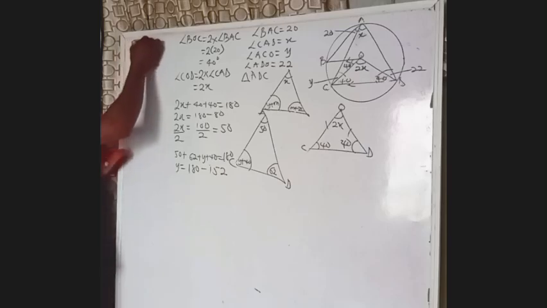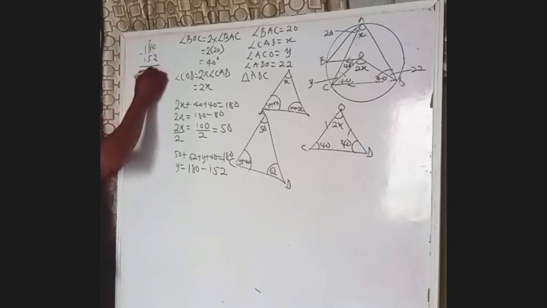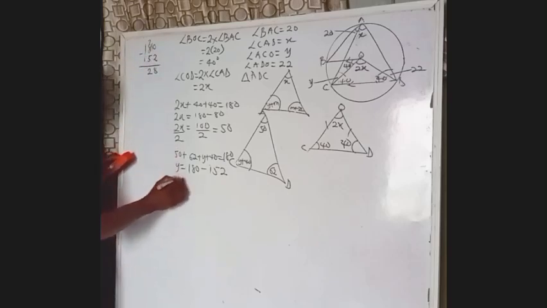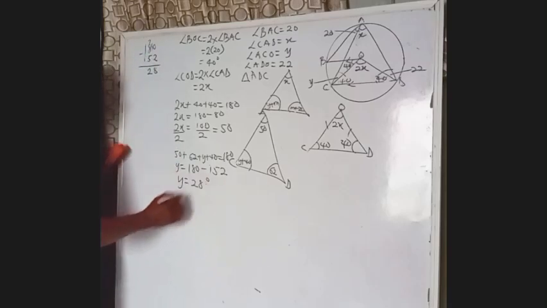So here we have 180 minus 152. Borrowing 1, here becomes 7, 10, here is 8. 7 minus 5 is 2. So the value of y is 28 degrees.